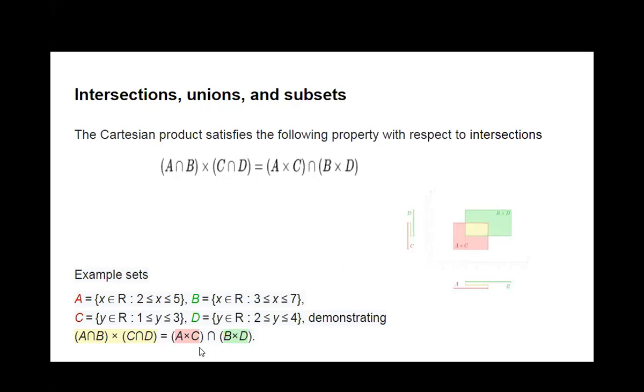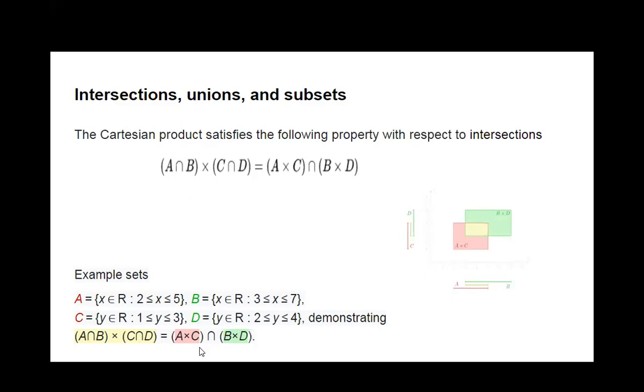It is denoted by the yellow region. So graphically, we can see that A intersection B cross C intersection D is equal to A cross C intersection B cross D. This is the intersection property of the Cartesian product. If we consider four sets and the intersection of those Cartesian products, we are going to get this.